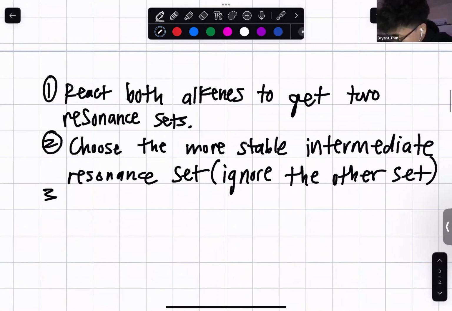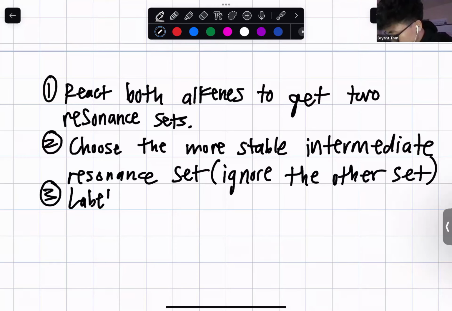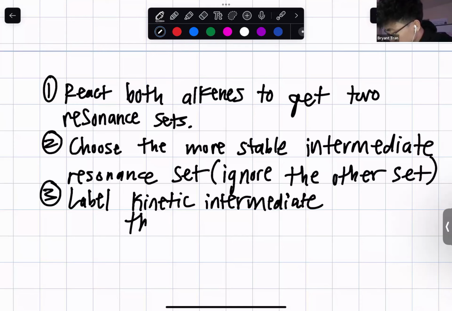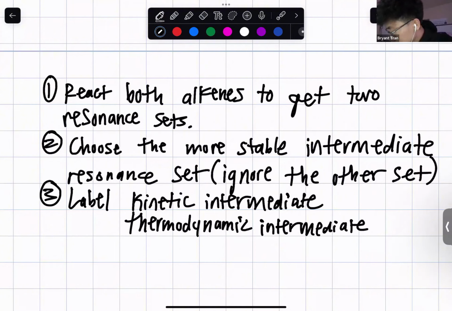Then you want to label the kinetic intermediate and your thermodynamic intermediate. For these ones that we've been working with, I'm going to keep it general.